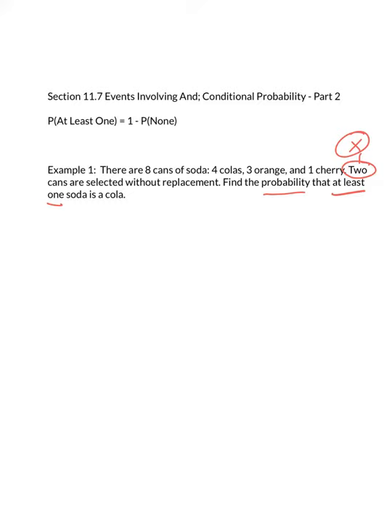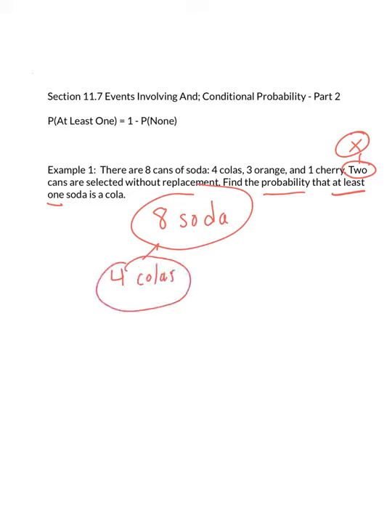Before I begin, let's go ahead and draw a picture just so that in the long run I can visualize this scenario a little bit better. So we have 8 total cans of soda, and they say 4 of those are colas, and it says 3 are orange, and it says 1 is cherry.